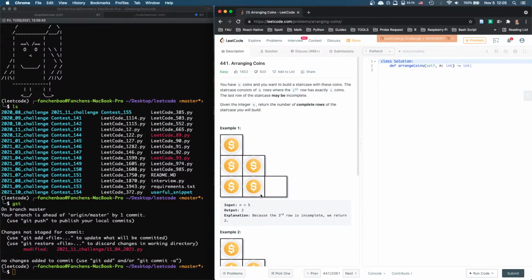Let me see. If we solve this problem, x squared plus x, if x is 0, it's going to be minus 2n, right?